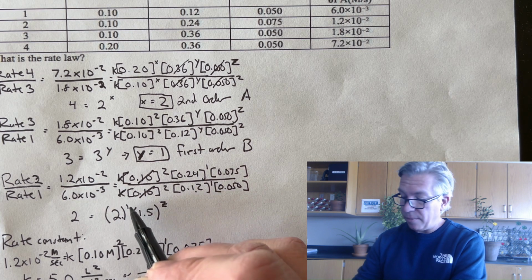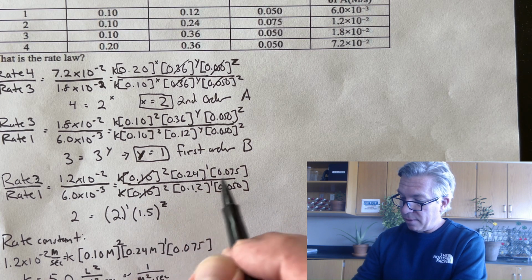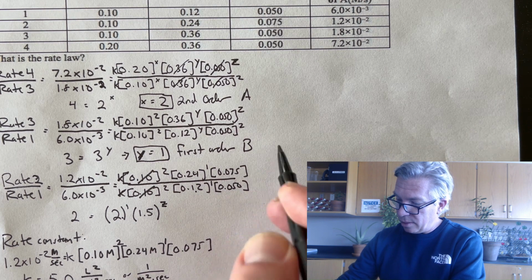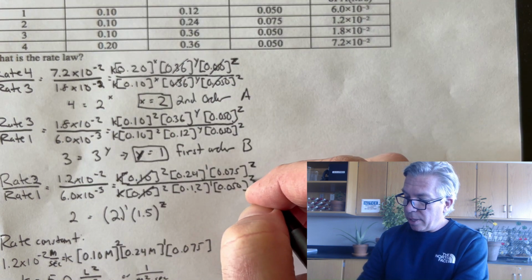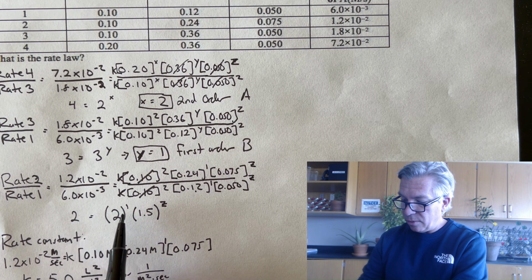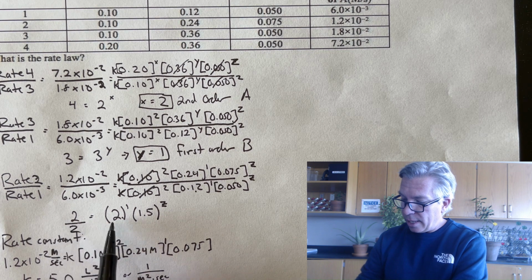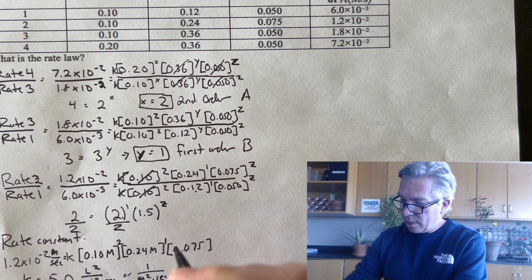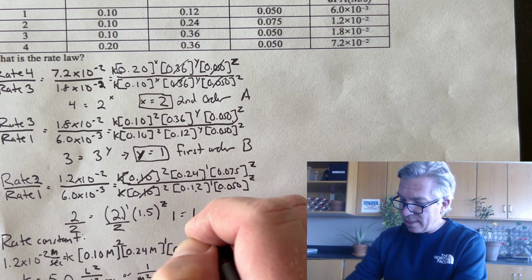I know that's a 1 now. And this was 1.5 raised to some z value. We don't know what that is. But because 2 raised to the 1 is just 2, and 2 is over here, if I divide both sides by 2, I get 1 equals 1.5 raised to the something.